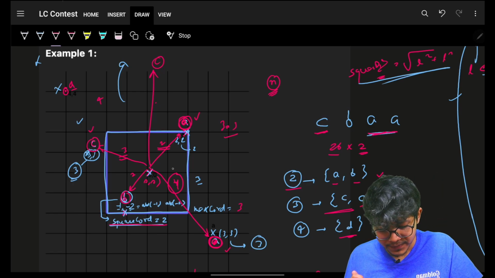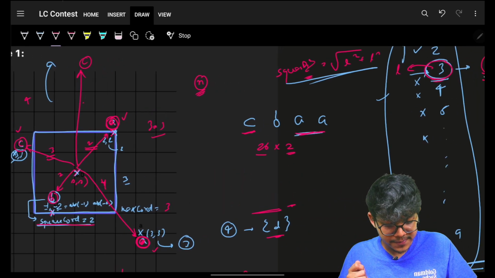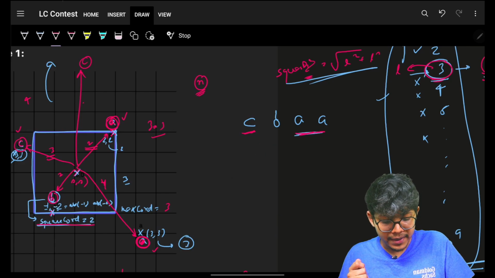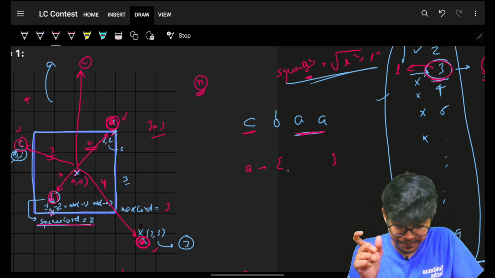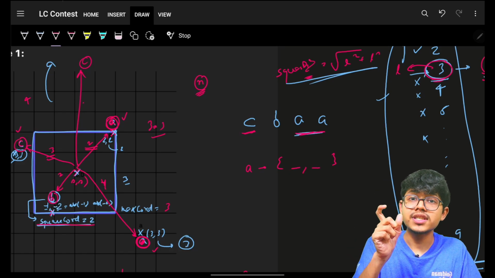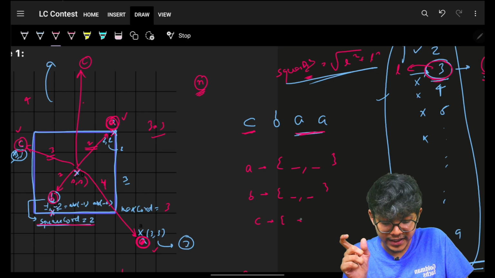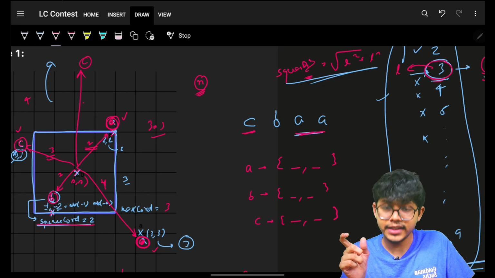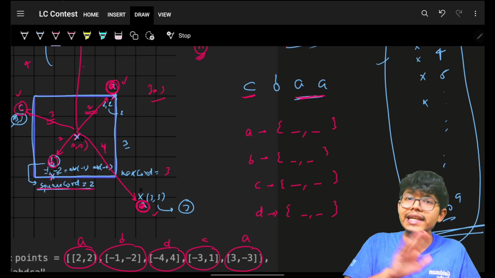So technically what I did was I maintained, let's erase this, for every character their smallest two distances from origin. Technically I am maintaining this. Now, to be more precise, I don't need this.